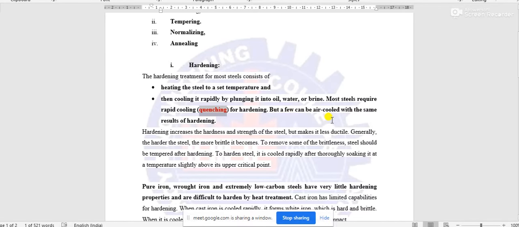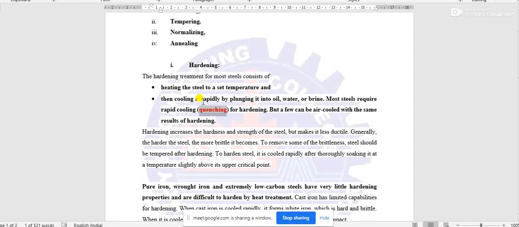In those cases, an air cooling process may be used, but that is not called quenching. In some cases of hardening, air cooling may be used for the second stage, but that air cooling process is not called quenching. Quenching is when cold water, cold oil, or brine solution is used to make the hot steel cool rapidly.